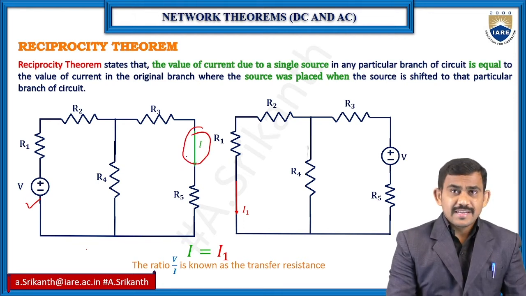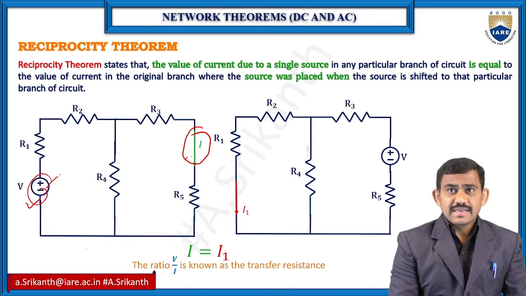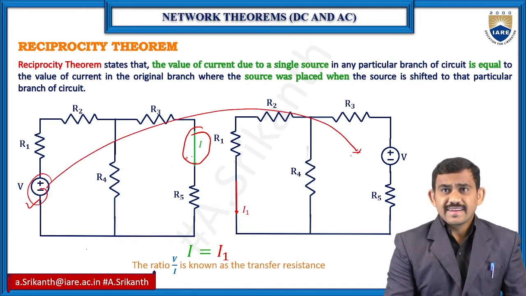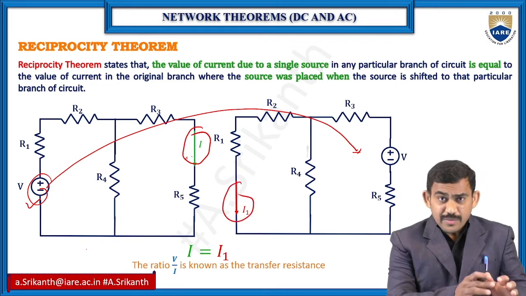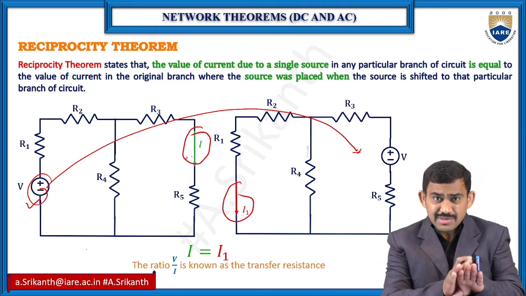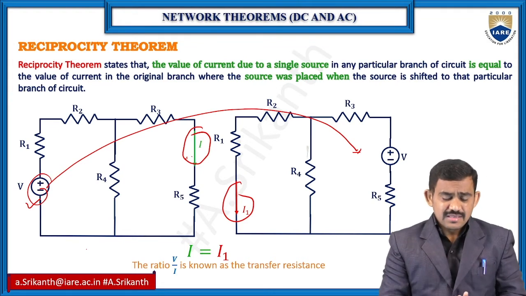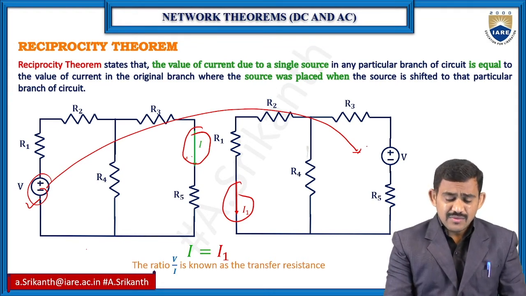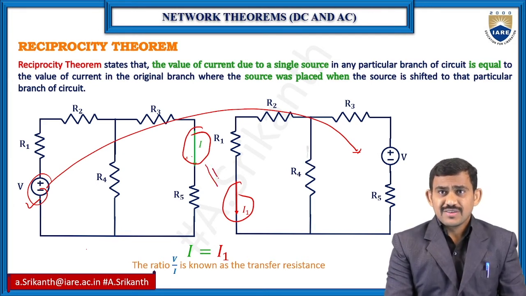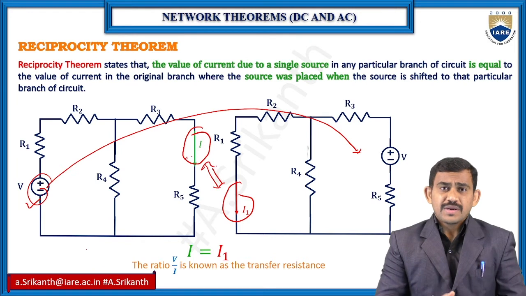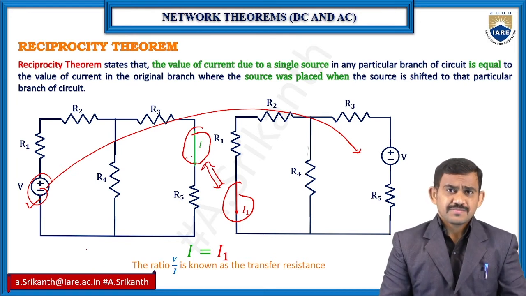That response is equal to the response when the voltage source is replaced here and I find the response in the other branch. The remaining circuit is as is, so don't disturb it. But when the voltage source is replaced, the response is equal at the two particular positions.